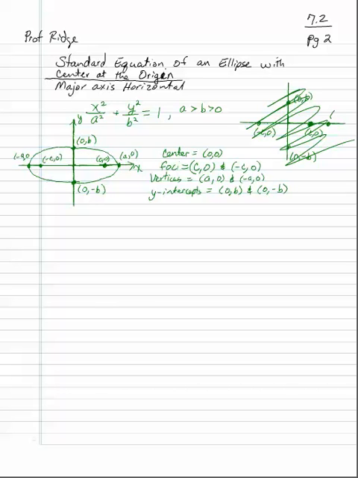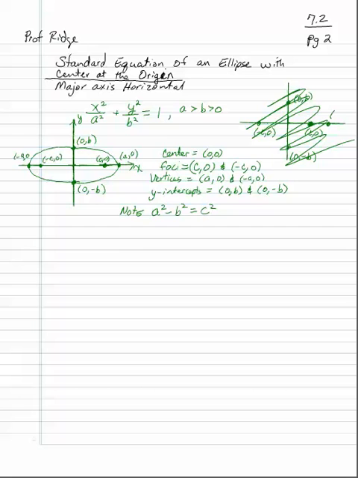Now note a squared minus b squared equals c squared. So you solve that for c to figure out where the foci are. And I'll show you an example in a minute.